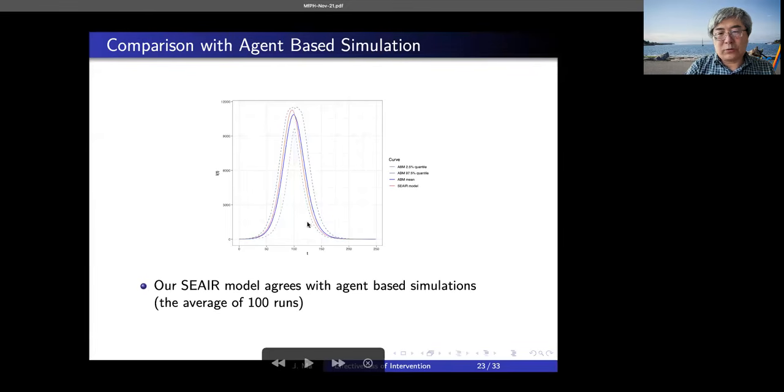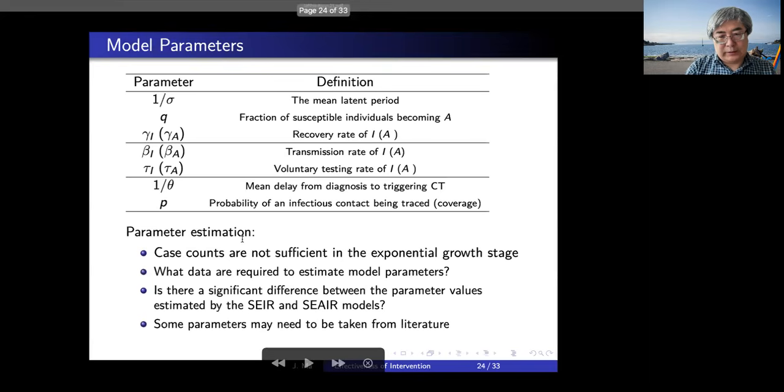As you can see, they agree very well, and especially in the exponential growth stage, they're basically the same. They have the same exponential growth rate. That tells us if we want to use our contact tracing model to study the initial stage, it's a good model.